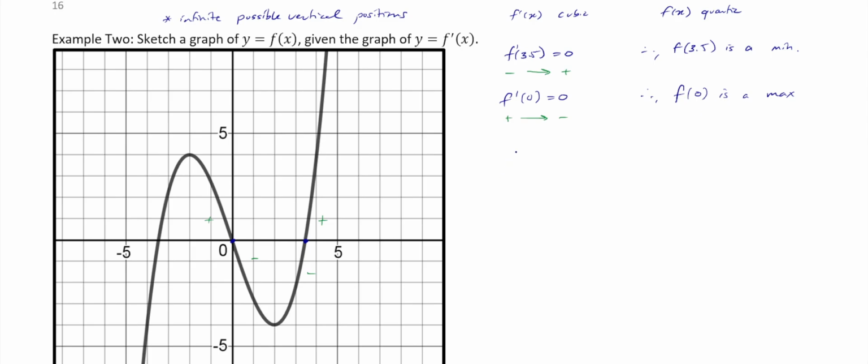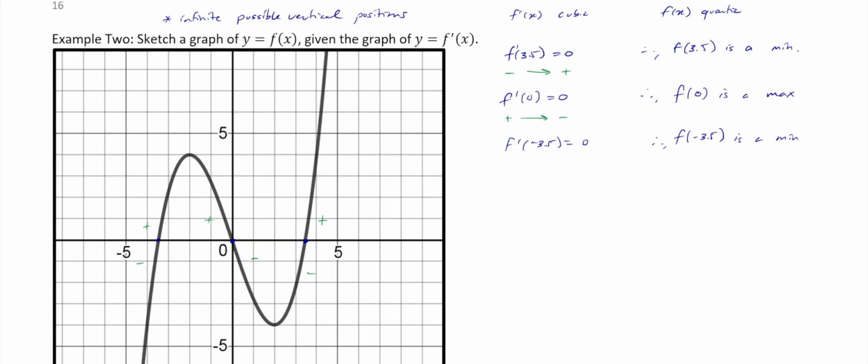F prime at negative 3.5 is equal to 0, so that's this point right here, and we can see it goes from negative to positive. That's the same thing as we saw before, so f at negative 3.5 is a minimum. Okay, so I've got two minimums and a maximum.